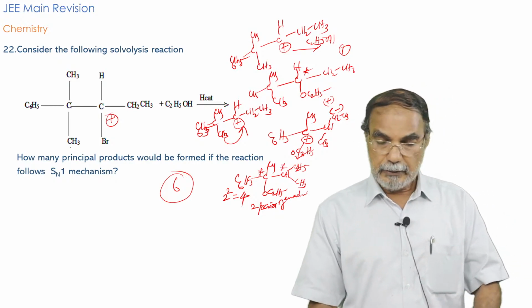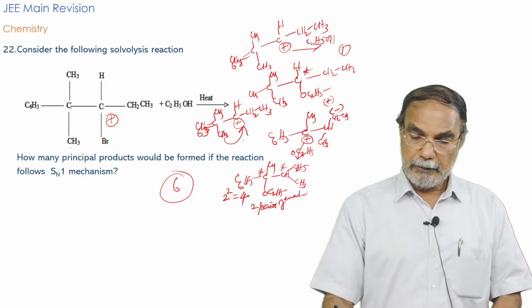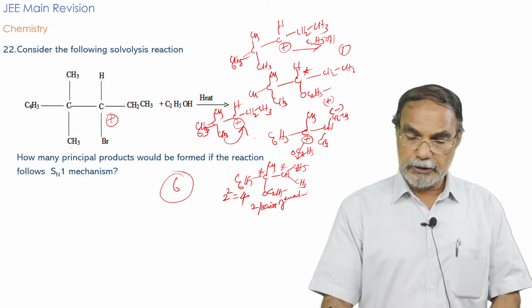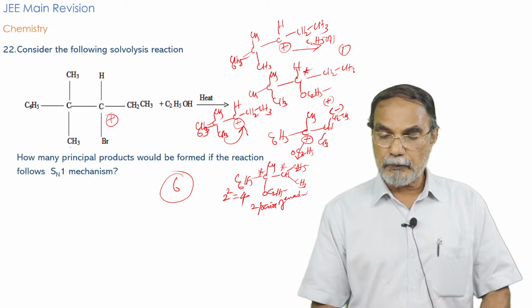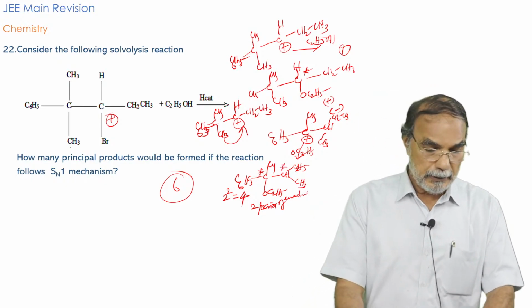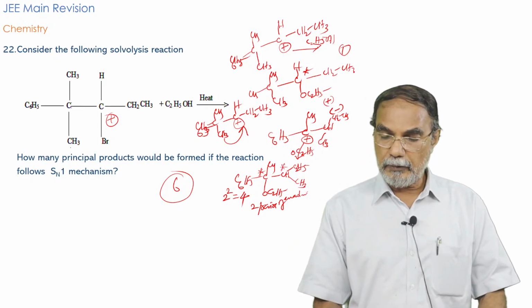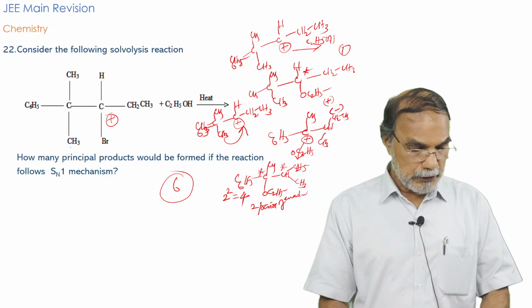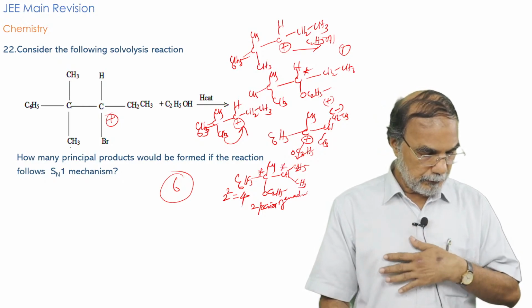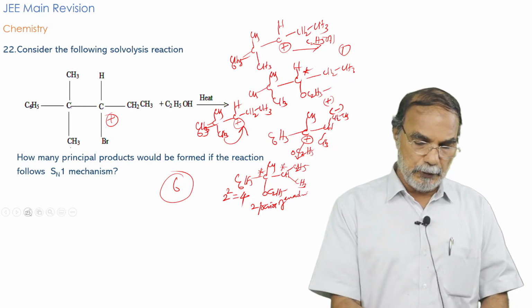And if this carbocation directly reacts with the C2H5OH, then it gives just one product, which is dextro or levo. So altogether you have 6 products in this reaction.